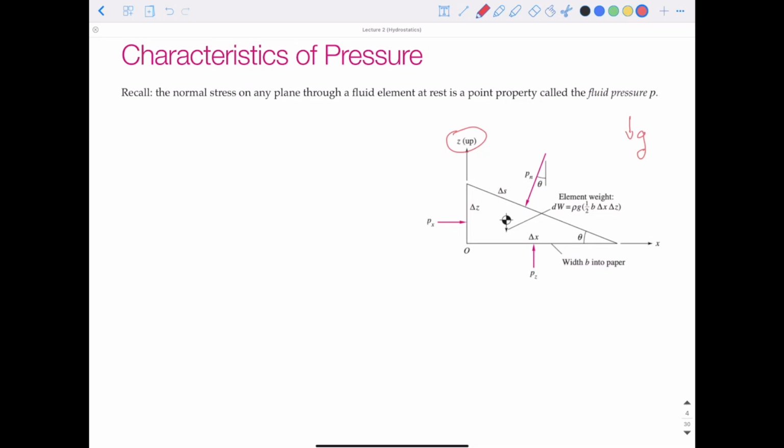And so the forces acting on this wedge of fluid would be some pressure in the x direction on the left-hand side, acting on this face, and that face is delta Z. We have some pressure Pz, and that's acting on the bottom face, which we'll say is delta X. And then we have some pressure Pn, which is normal to the face delta S.